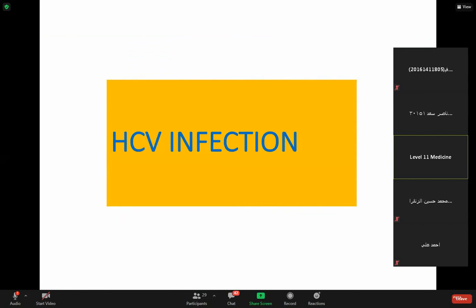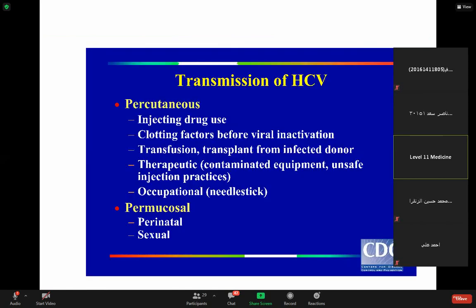Okay. How about hepatitis C infection? Well, how is hepatitis C transmitted? You have injection drug use. This is common both in our society, unfortunately, as well as in the Western countries. Clotting factor transfusion, this is before the viral inactivation. We are talking about people with, for example, hemophilia when they get transfused with factor 8 or 9.